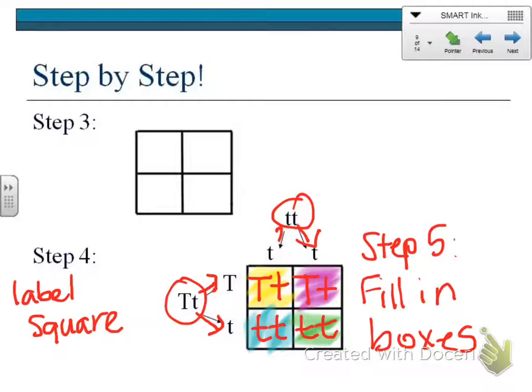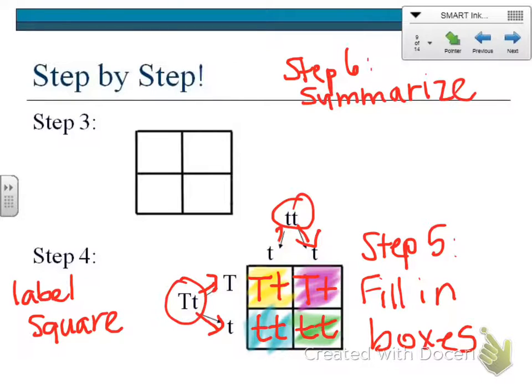All right. Step 6. Somebody read step 6 for me. Go ahead, Mason. Summarize the results. All right, we're going to summarize the results. So step 6. Now there are 2 things you have to have.